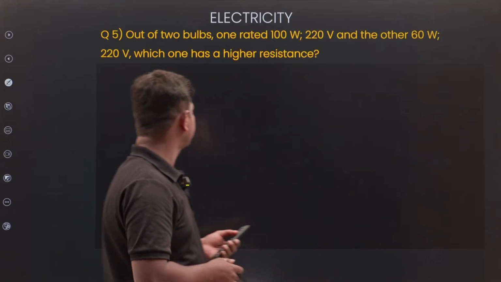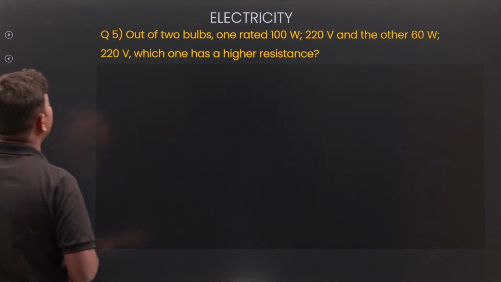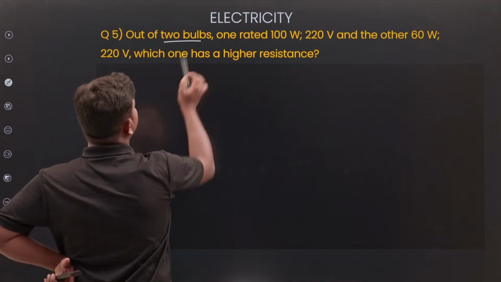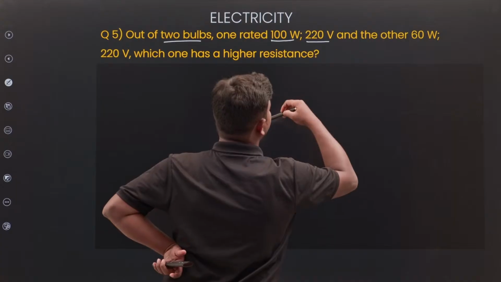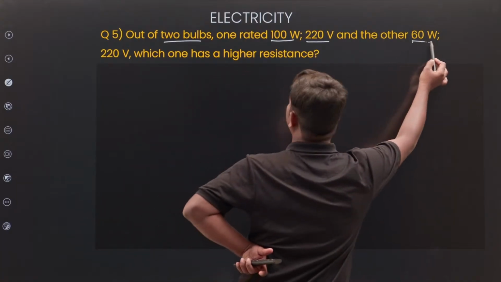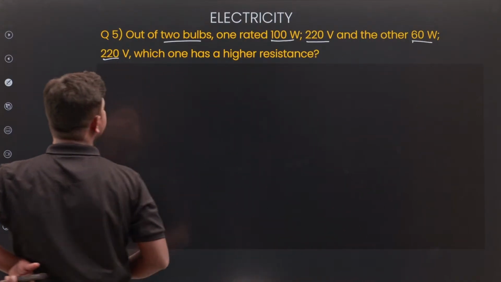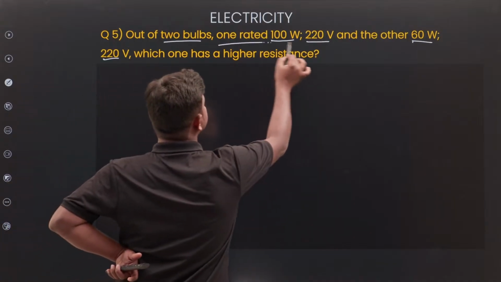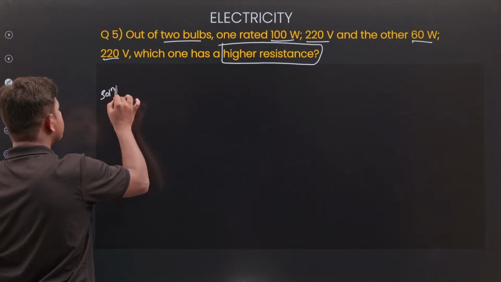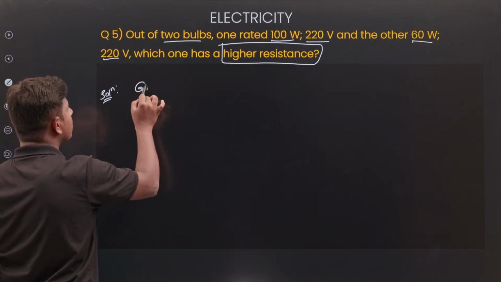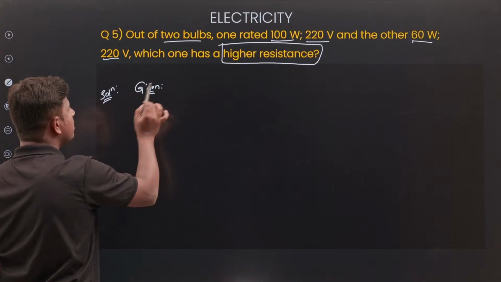Next. Out of two bulbs, one rated 100 watt, 220 volt, and the other 60 watt, 220 volt, which one has higher resistance? Here two bulbs are there. First take the given information.